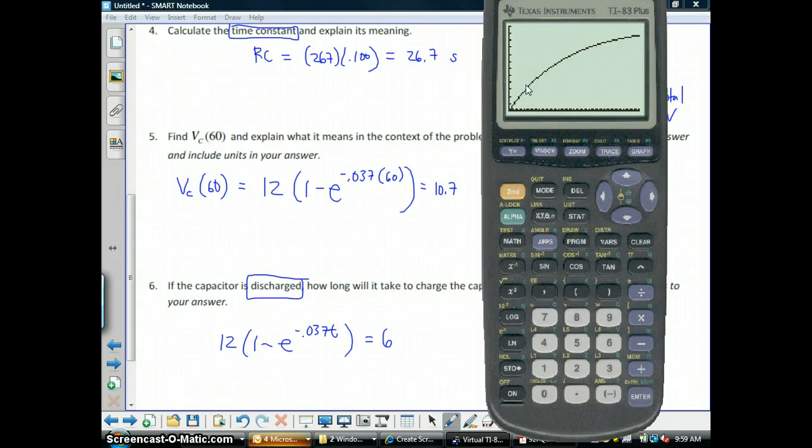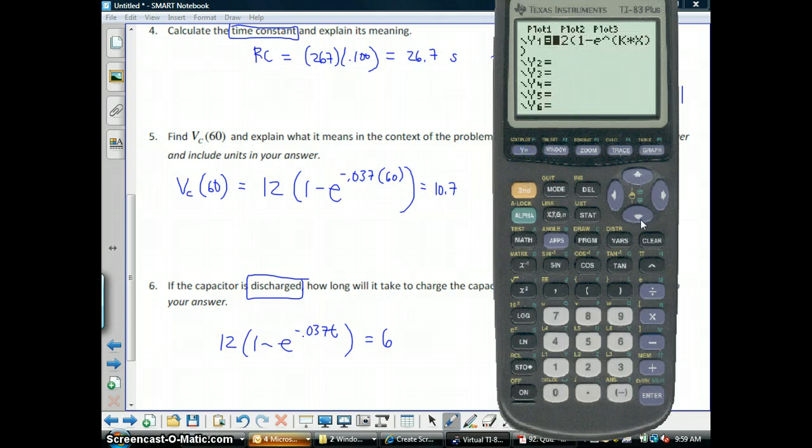Okay? Like an exponential function. Okay, so when will it equal 6? It should be right there, so just super trace, find the intersection.